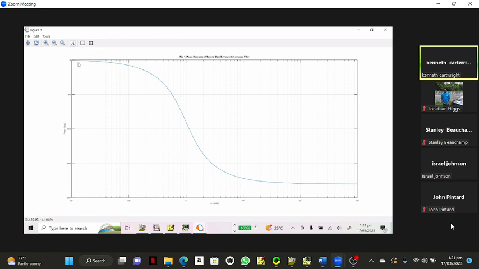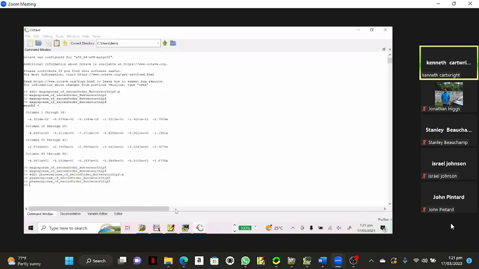You see, the maximum phase shift is not negative 90 anymore. The maximum is negative 180. This is now negative 180. Let's put the first order there.